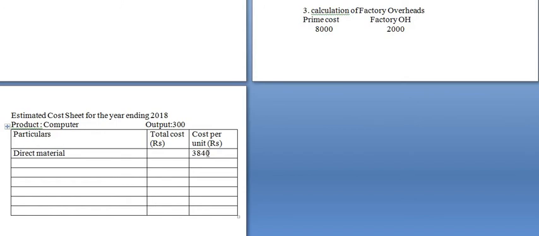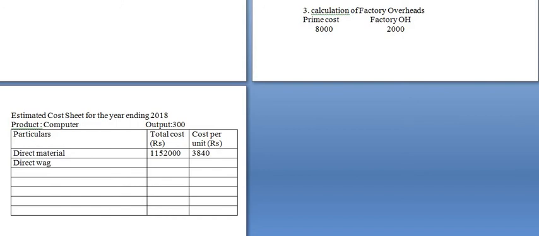Okay, now cost per unit is 3,840 and the output in the year 2018 it is 300. So 3,840 into 300 computers will give you 11,52,000.